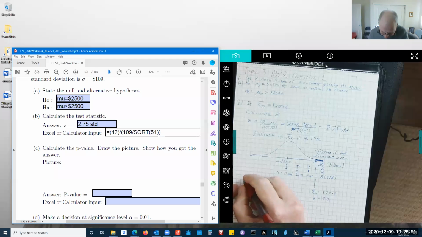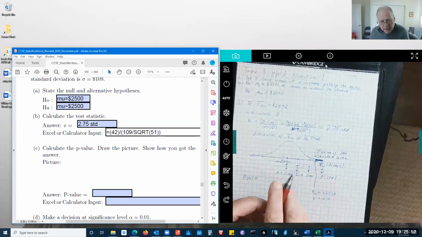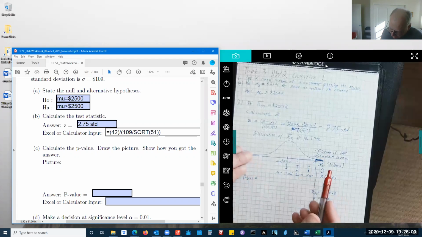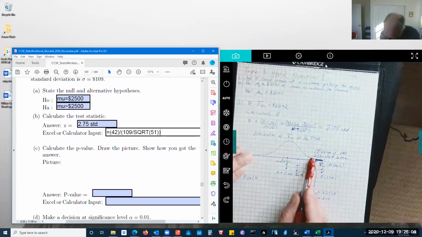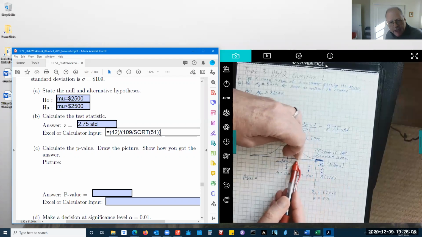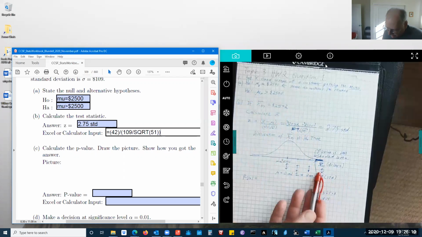And how much is the p-value? Well, I can use the norm.dist function. But it'll give me the area to the left of whatever I plug in.